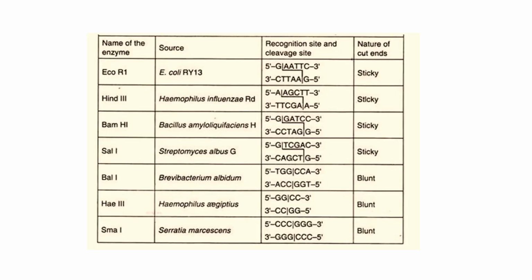Some enzymes and the source where we obtain them, and the recognition site and the nature of cut produced by the enzymes. Actually, the enzymes EcoR1, Hind3, BamH1 and Sal1 produce sticky cut.